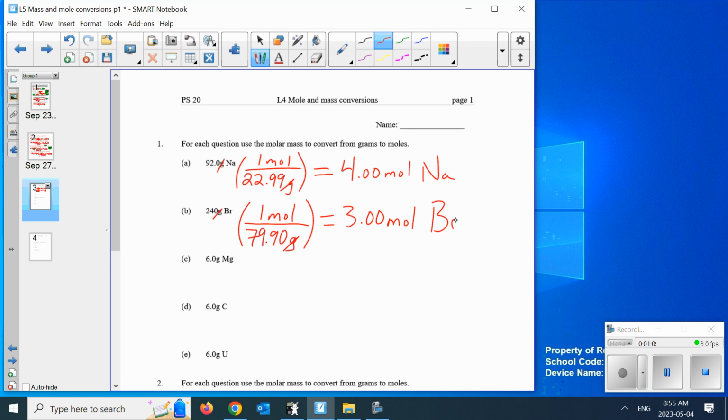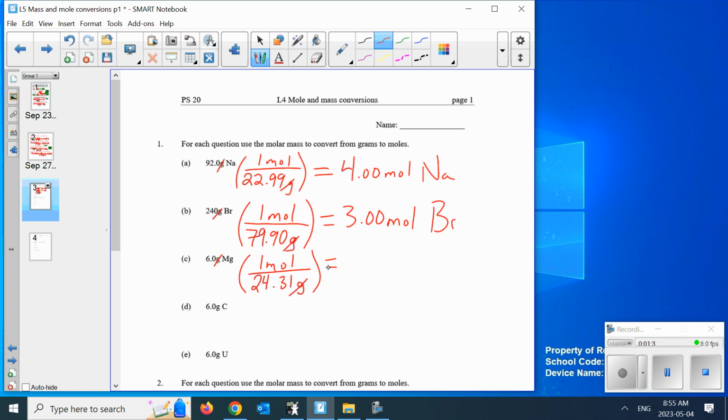And magnesium is 24.31. 1 mole on the top. What you want to keep is on the top. 24.31 grams. The grams cancel. This will be about a quarter. Let's see here. 6.0 divided by 24.31.